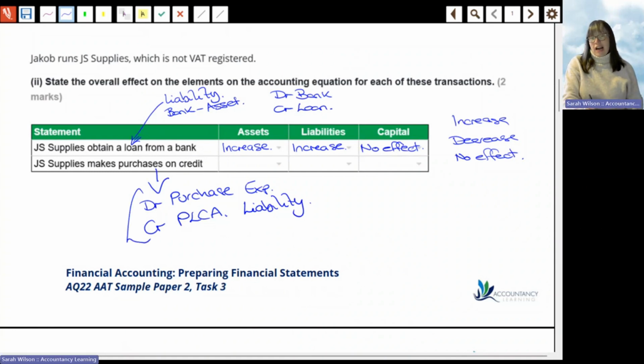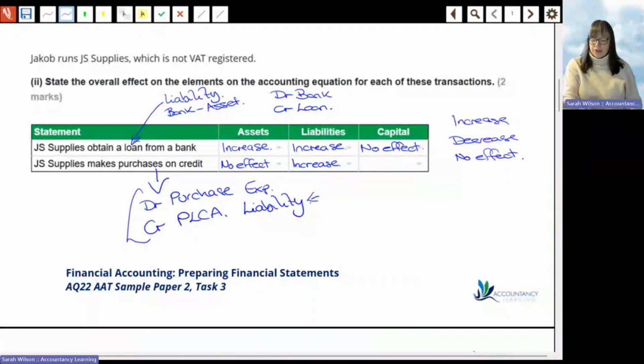So we're not touching assets here at all. So there's going to be no effect on assets. We've got liabilities increasing here because we're buying things on credit. So we're going to have to pay our suppliers at some point.